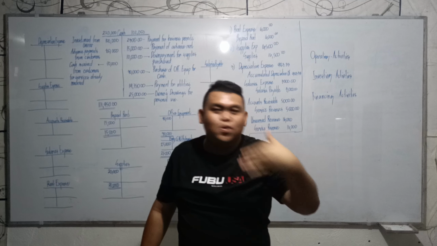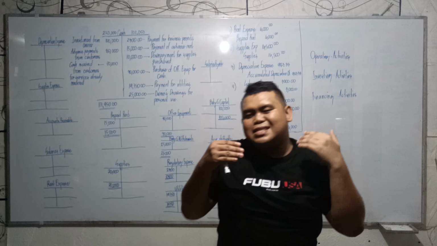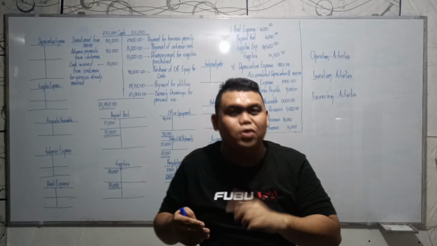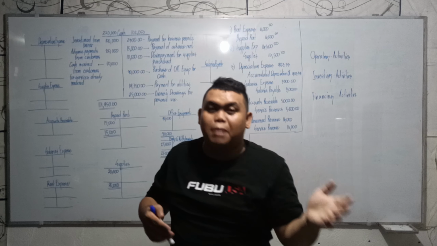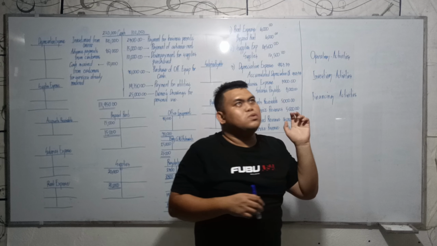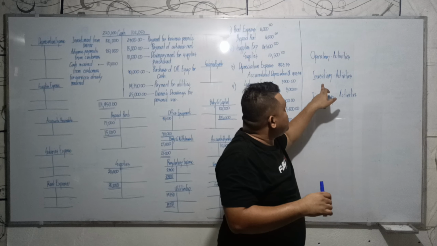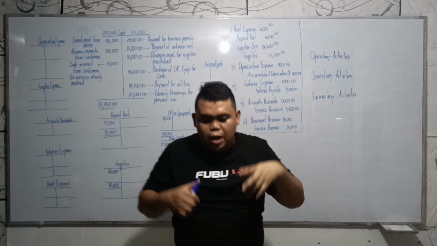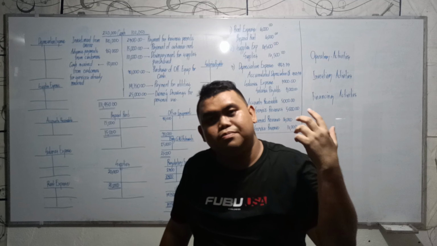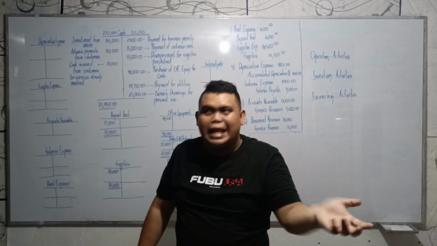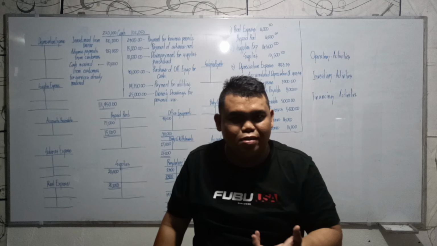Okay? So if you loan it to someone, that's already an investing activity because that is not your normal course of business unless you are a bank. Because if you are loaning money to someone and you are a bank, of course, that would be a cash outflow because you have loaned it to someone under operating activities, because the normal course of business of banks is borrowing and letting the people borrow it from you, right?